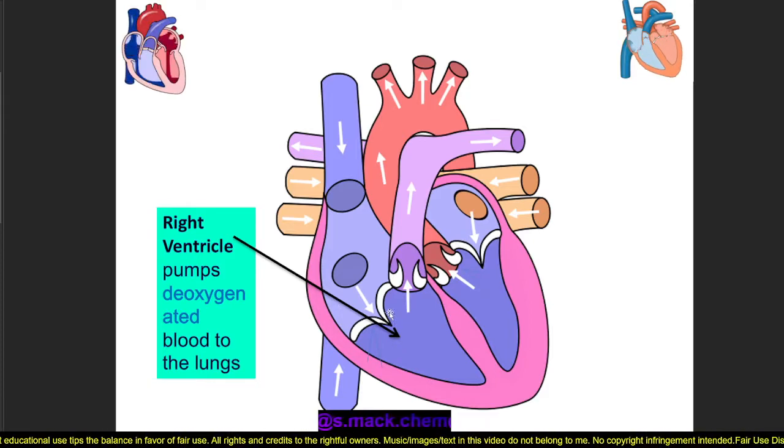is then going to pump this deoxygenated blood out of the heart to the lungs. So we're looking at the pathway it takes, right? So this blood will pump out of the heart and head to the lungs.